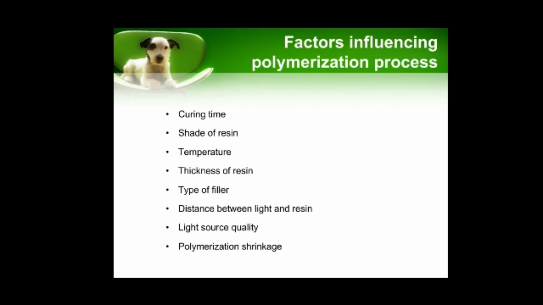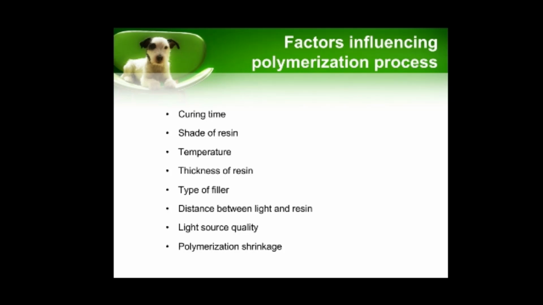The composite at room temperature cures more completely and rapidly. And the thickness of the resin, about 1 to 2 mm is considered to be the optimum thickness. Microfine composites are more difficult to cure compared to the heavily loaded composites.